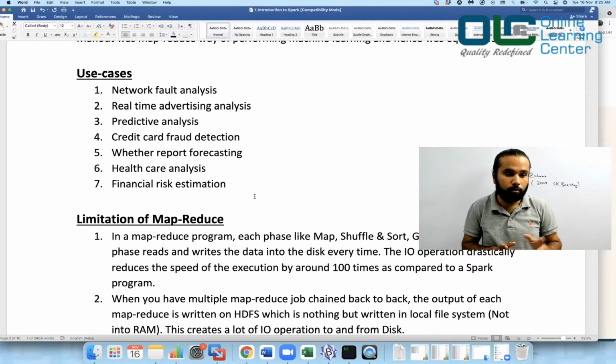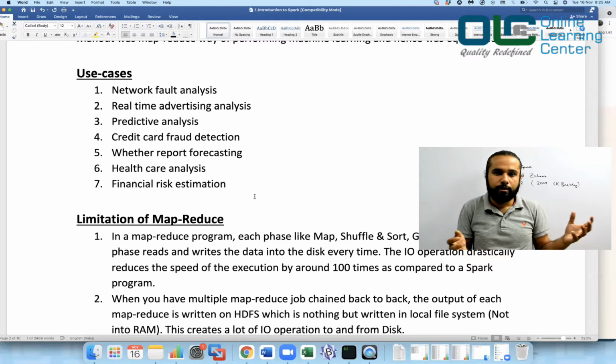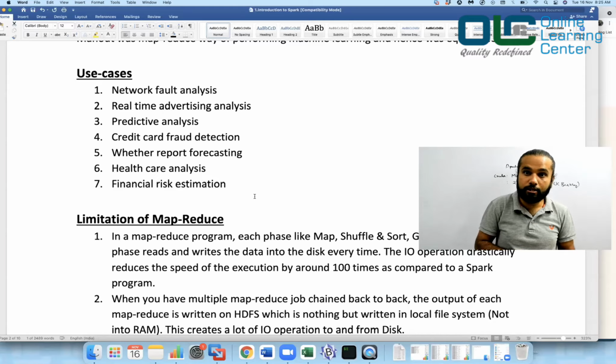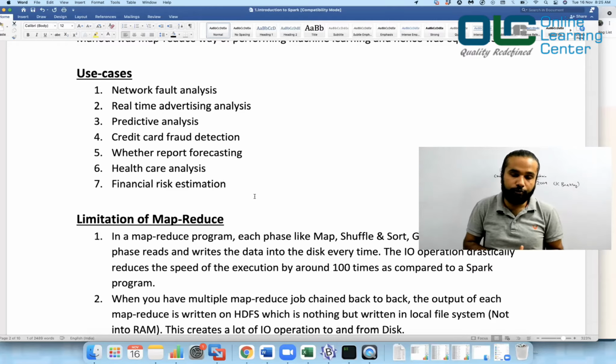Now every infrastructure you create will have a lot of machines. All these machines would talk to each other in a network, and they send some signals. We may have to analyze that, and we may have to identify if a particular machine is down, and that is what we call network fault analysis. We may have a requirement to figure out if there is any problem with any of the devices within the network.